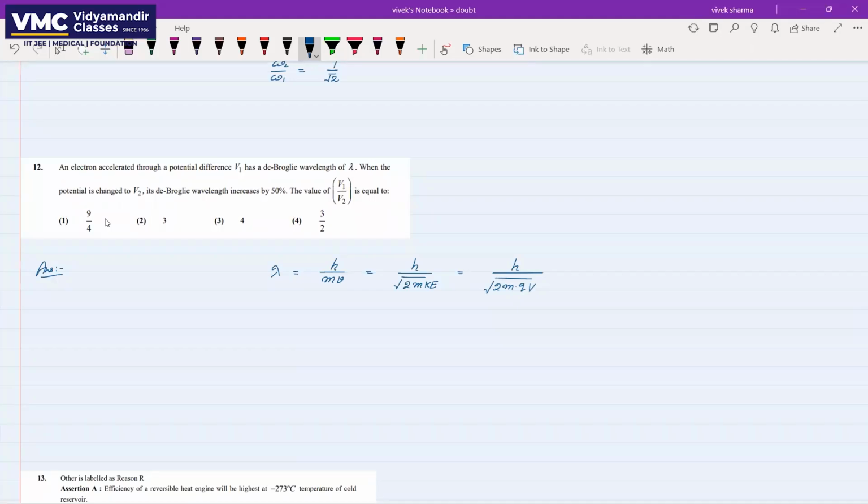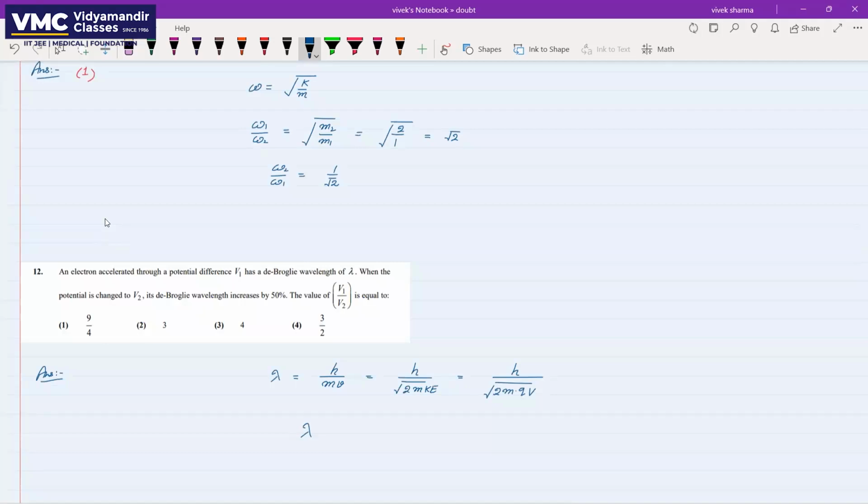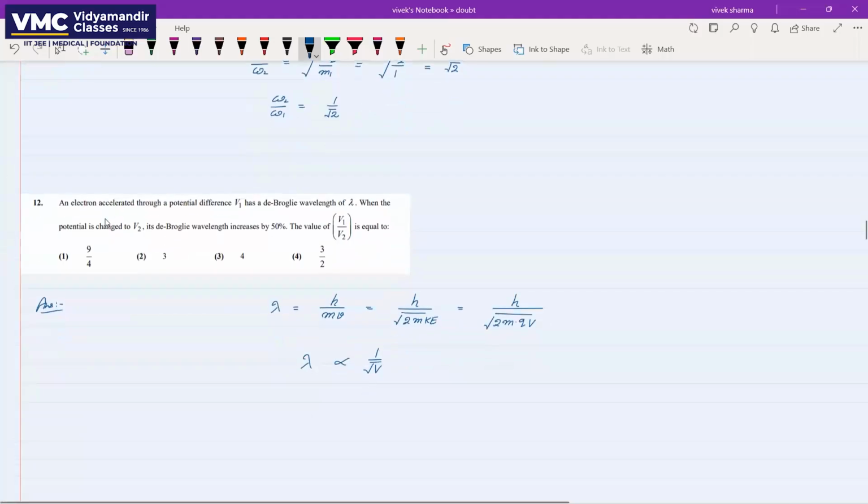The question says that if we change the potential to V2, then the de Broglie wavelength increases by 50%. h is constant, we are accelerating the electron in both cases and only changing the voltage, so this whole term will remain constant. So I can say lambda is inversely proportional to square root of V, or V is proportional to 1 upon lambda square.